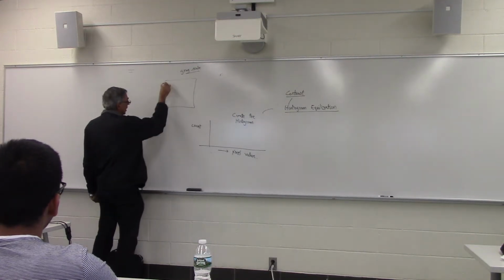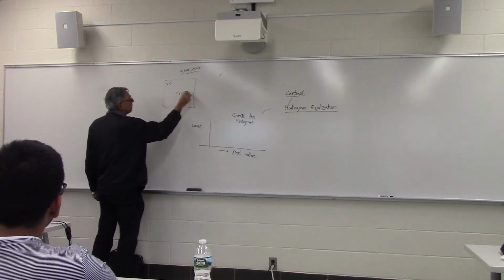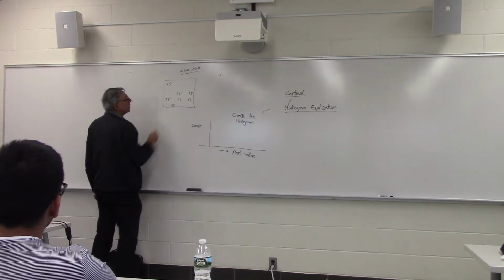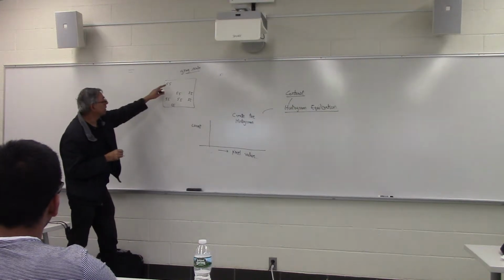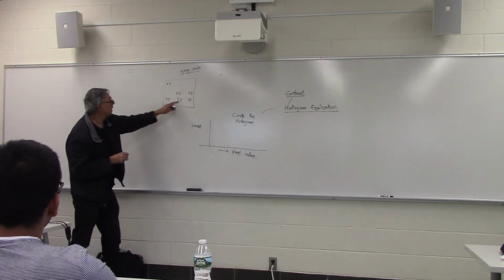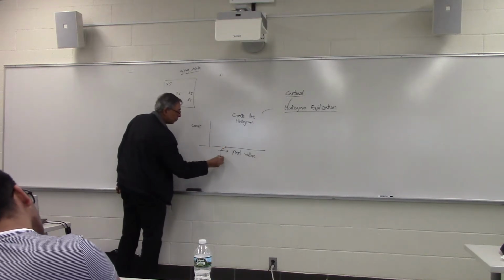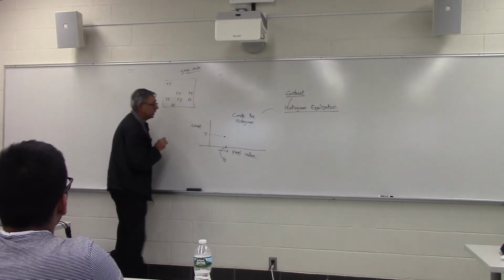Let's say pixel value 55 appears 7 times, so where it's 55, this value will be 7.